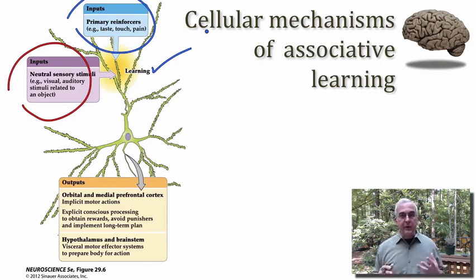Again, the primary reinforcer could be that pleasant touch or taste, that aversive or painful stimulus. So we imagine via the convergence of very different kinds of inputs onto the same postsynaptic structures, we have the potential for synaptic plasticity to do the job of associative learning.